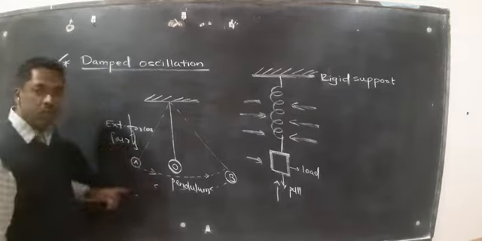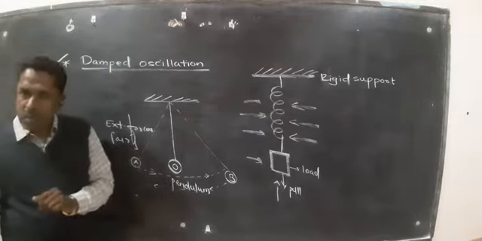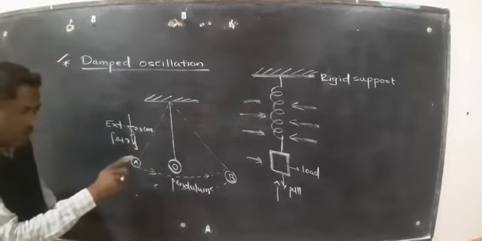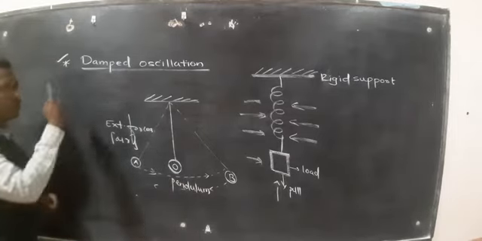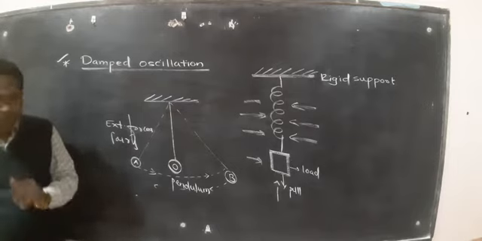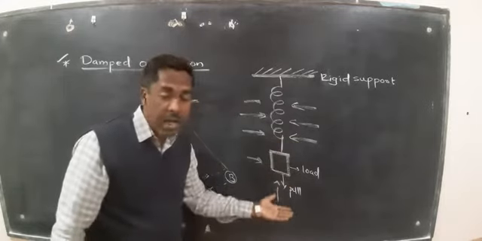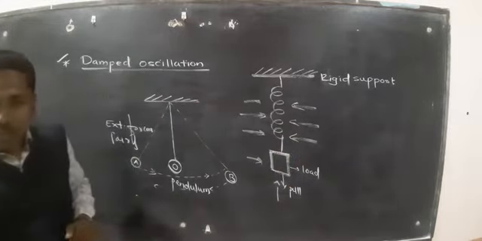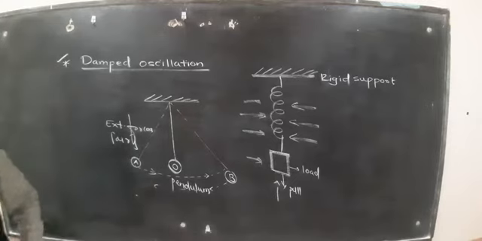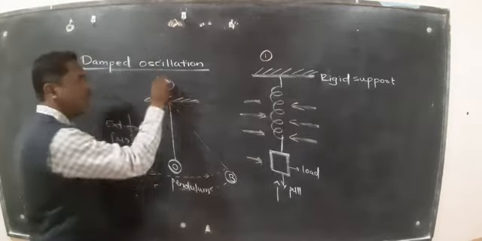Such external forces try to oppose the motion of the pendulum. Such motion, such oscillation is called damped oscillation, and the oscillator is called a damped oscillator. So these are the two examples to understand the concept of damped oscillation.